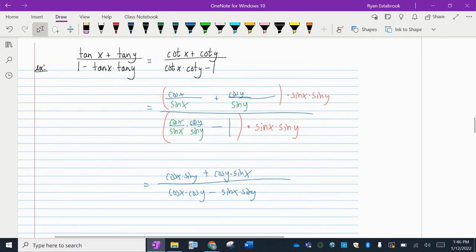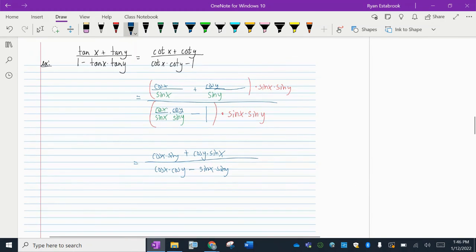So from the original problem, we got it in terms of sine and cosine, and now we don't have at least the double-decker fractions. This looks a little bit better. Now I'm looking over to the left. It looked overwhelming, and I can see it now. Looking on the left-hand side, look at this denominator. What would I need to do to this to make those two denominators the same?